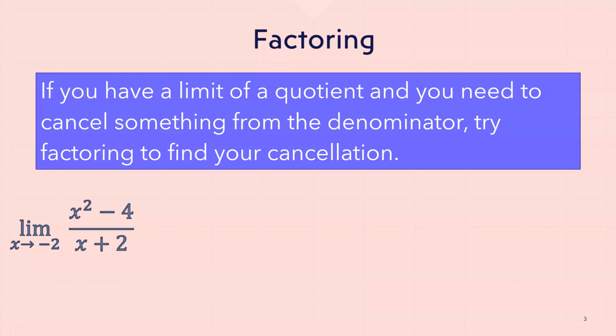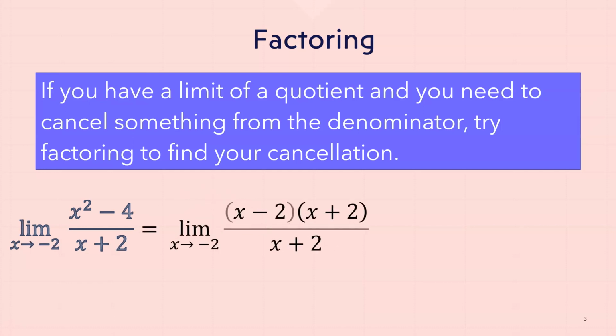So you recognize, hey, I see something on top and on the bottom that are the same, so maybe I can factor. And yes, when we factor, we are able to divide out the x plus 2. And notice, when you divide out x plus 2, you can only divide if that factor is not 0.